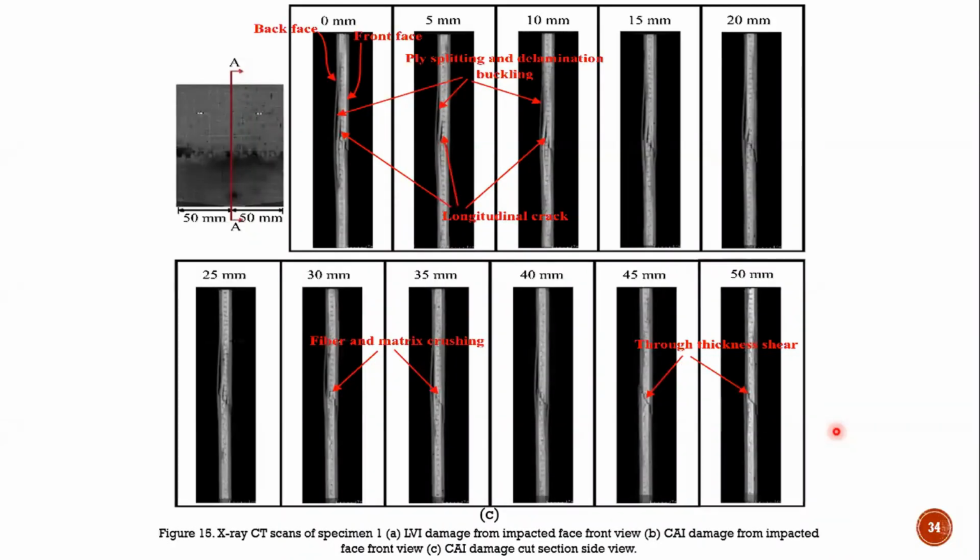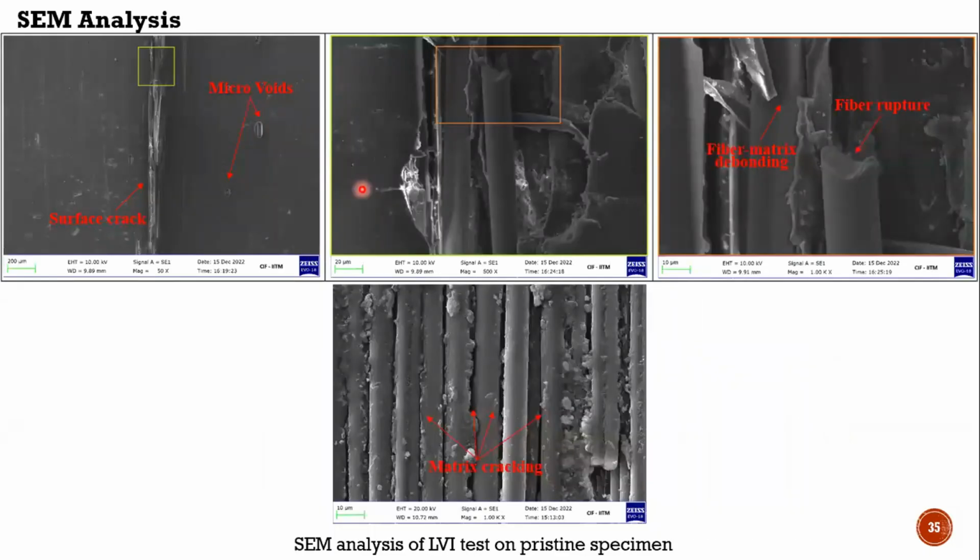In the cross section also we saw how this ply splitting and everything is happening. This is the impact face, this is the back face, and those results we correlated with our model. We could see a good correlation between the experimental results and our finite element model.